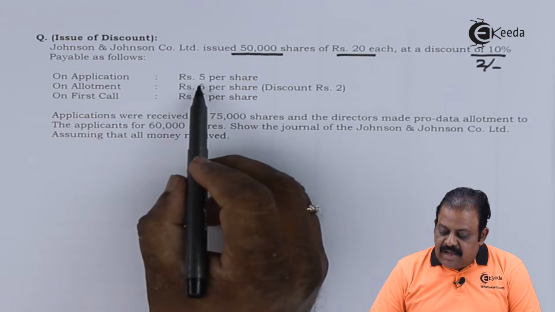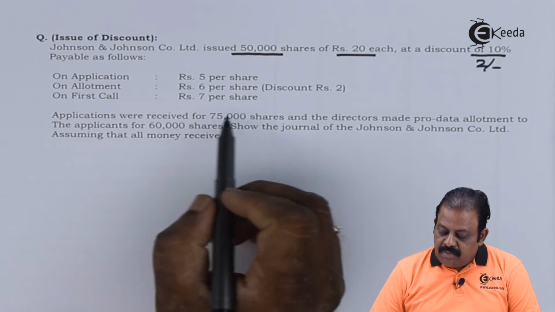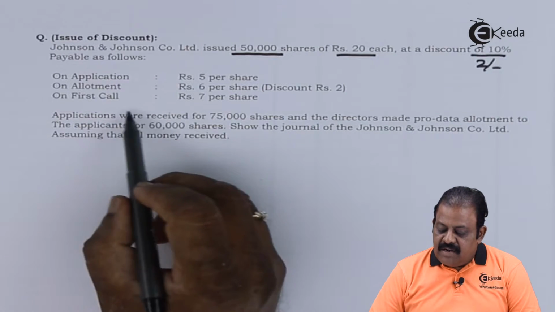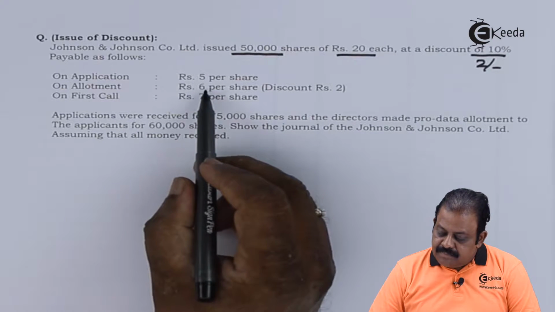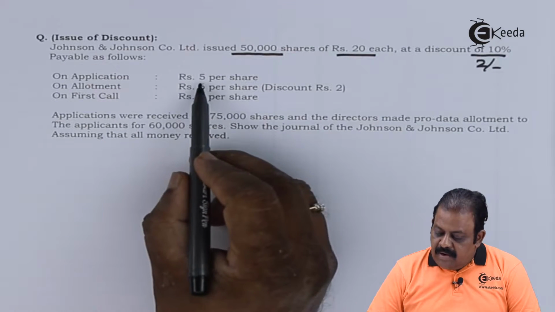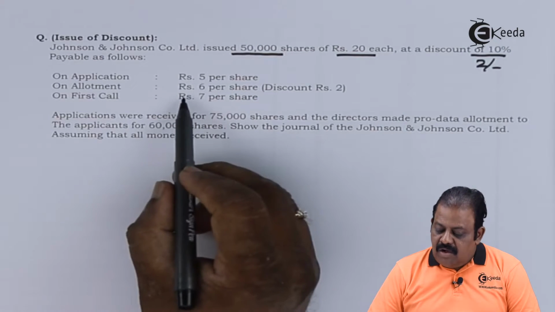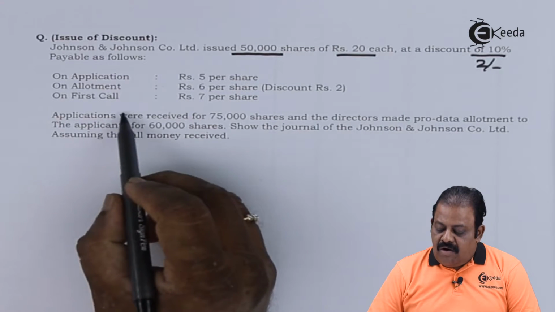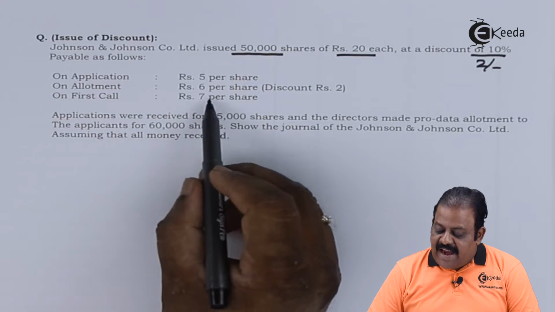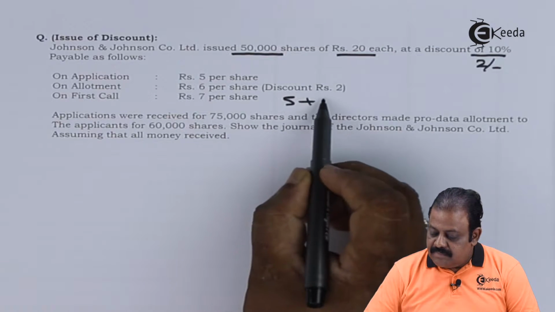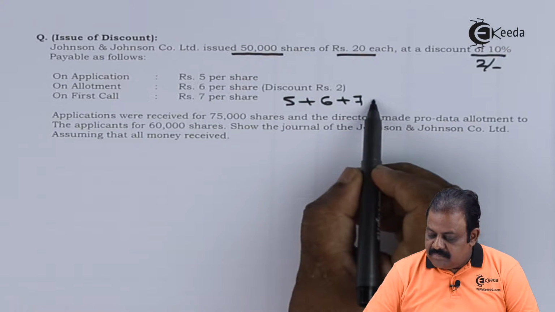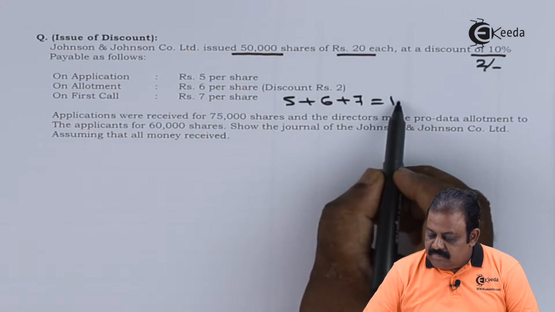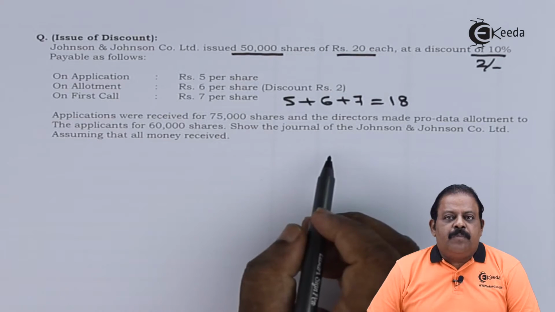Payable as follows: application 5, allotment 6, and first call 7. On application 5 rupees, allotment 6 rupees, and on first call 7 rupees. If we add all this, it comes to 18 rupees.